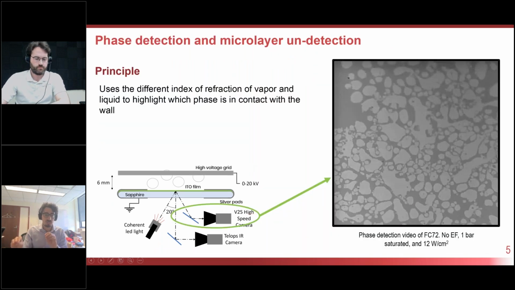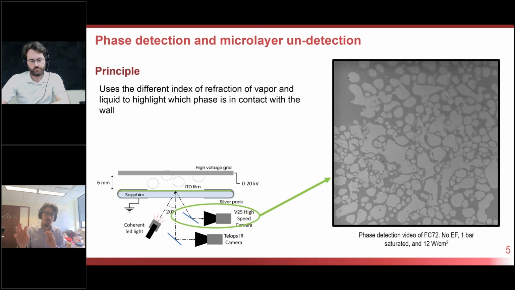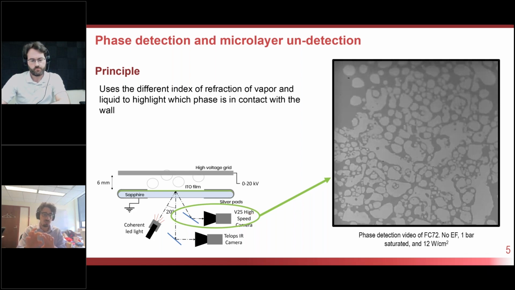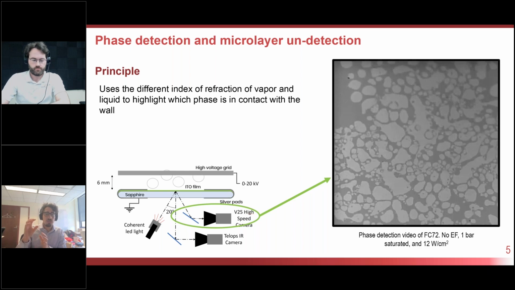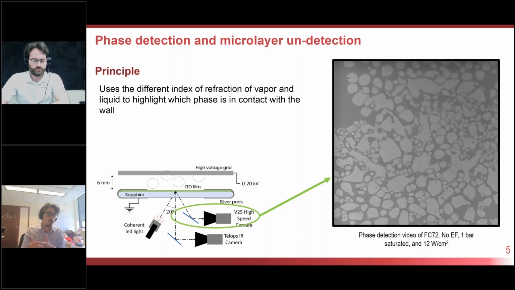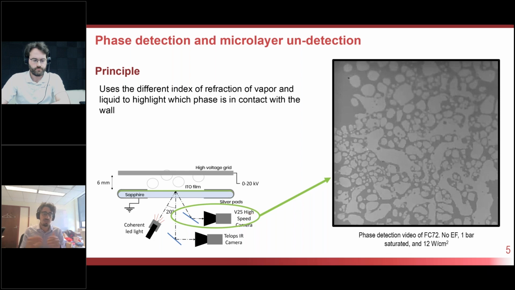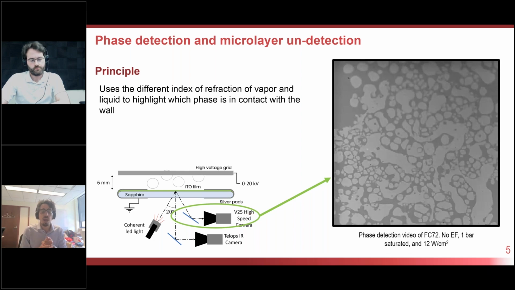I'll start from the phase detection, just because I think it is the clearest way to see the boiling process. This is done by using a normal high-speed camera. When I say normal, it means in the visible spectrum.